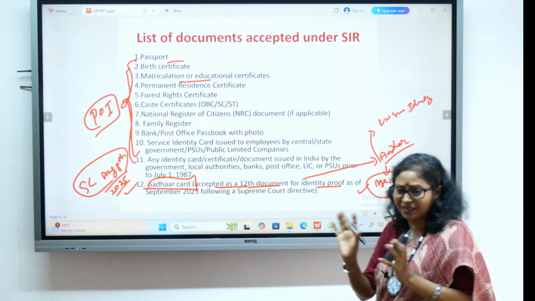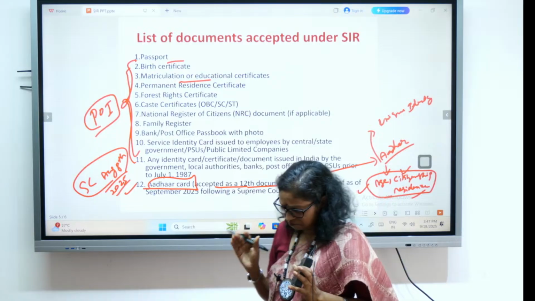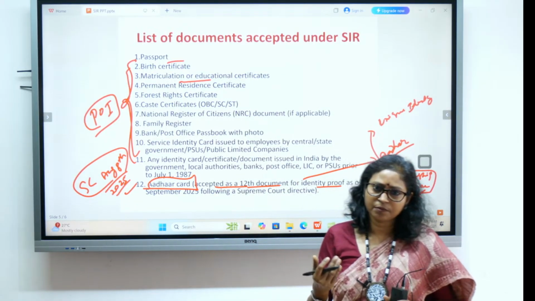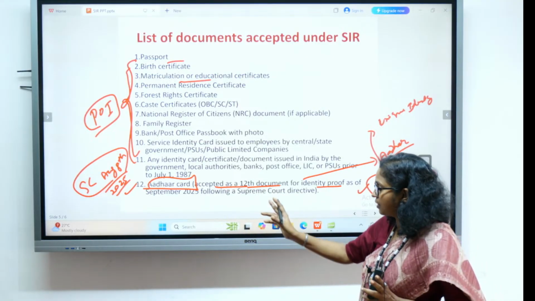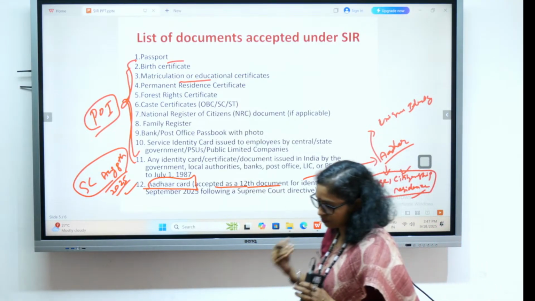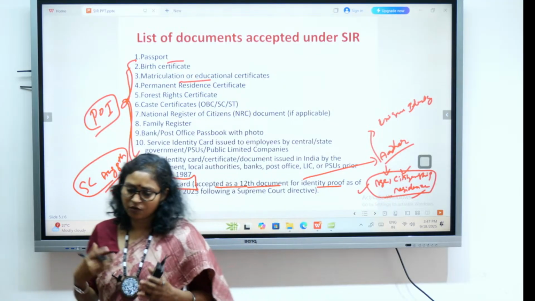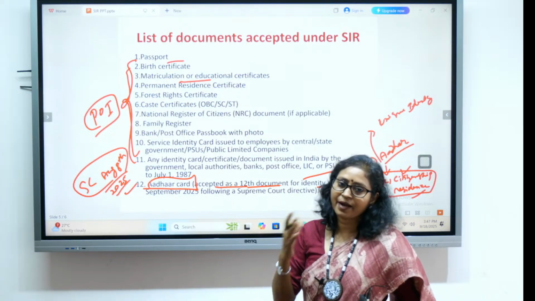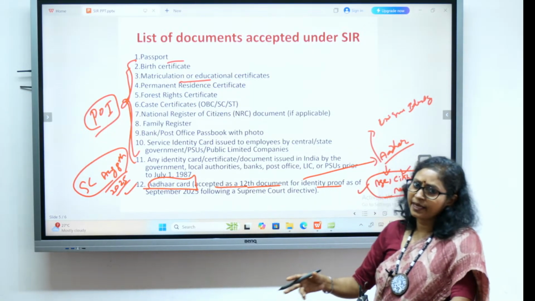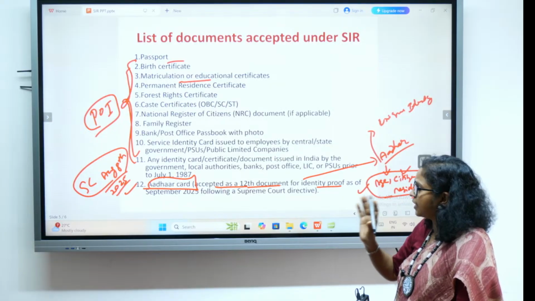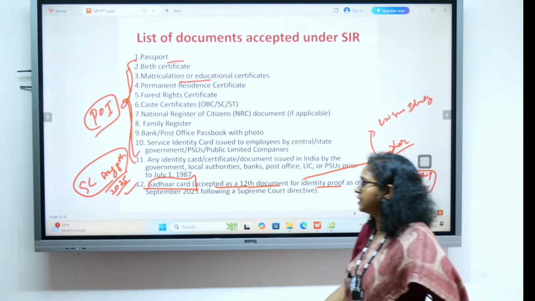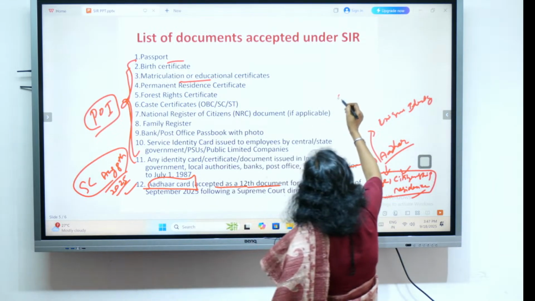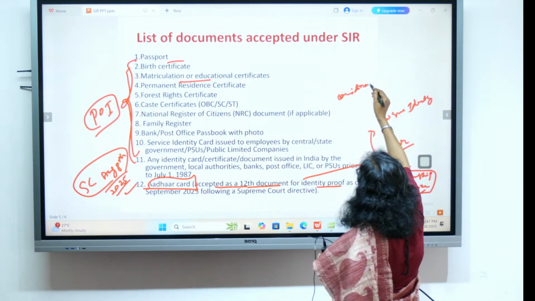The whole issue of the SIR, why the current SIR is in so much controversy, is because of these issues. One is related to Aadhaar, which is not being considered, and ration card or voter ID, which are not considered as proof of identity by the ECI in the current SIR. The second problem is related to the ordinary resident.